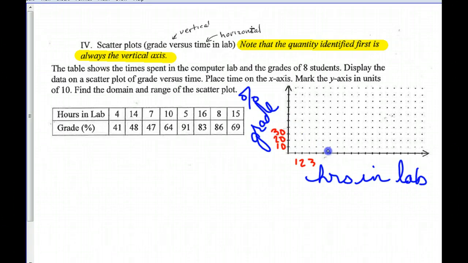Can you guys try to fill in those dots fairly accurately? 4, 41. Oh my gosh, I can't see it all. Let's put a big old dot somewhere there. 14.